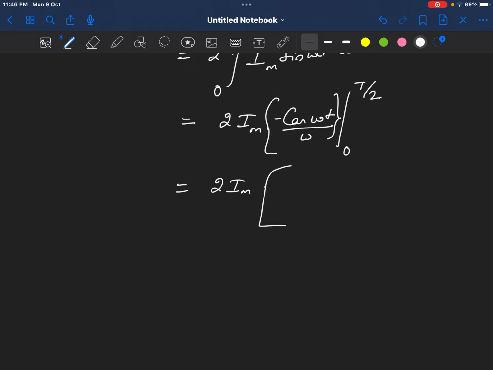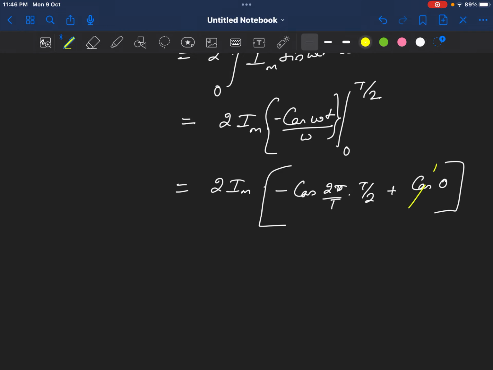When you put t by 2, we can write minus of cos 2 pi by t times t by 2, minus of, this will be plus, cos 0.